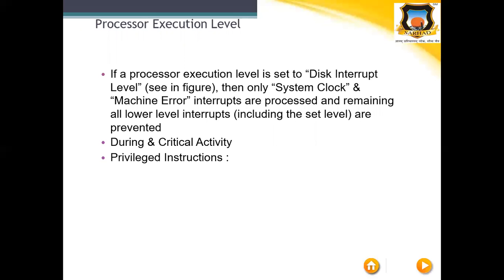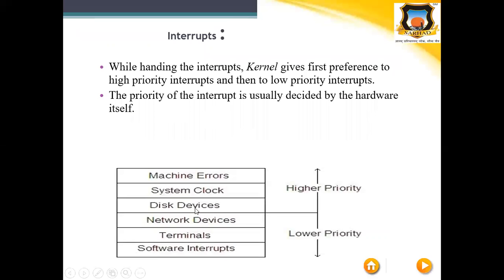Next point is the processor execution level. Here it is set to the disk interrupt level, as in this figure. At the disk device, that level is set. What is its purpose?